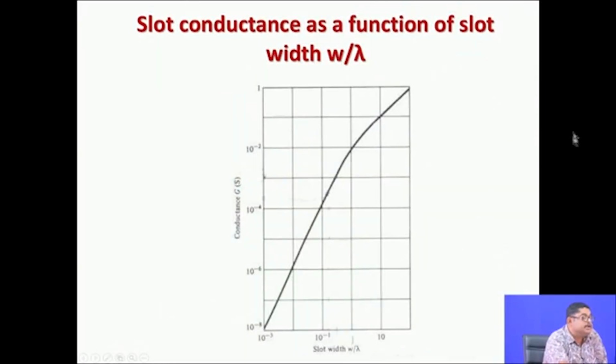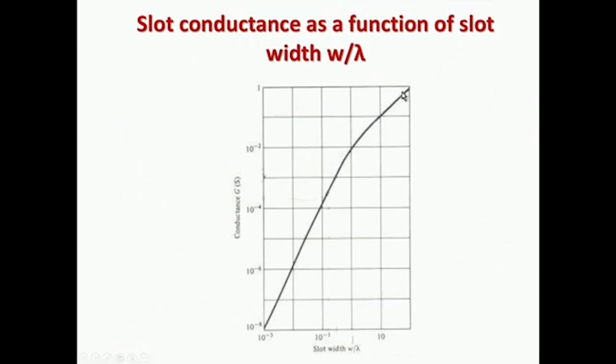Let me see the graphs. You see this graph, this is the slot conductance as a function of slot width. For a wide slot, if W is large, let us say W is equal to 10 lambda, the conductance is roughly 0.5, so the radiation resistance will be 2.